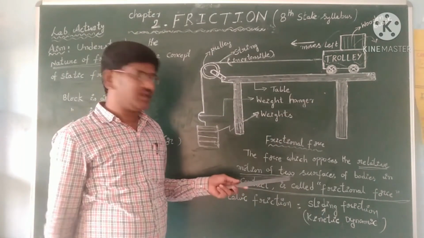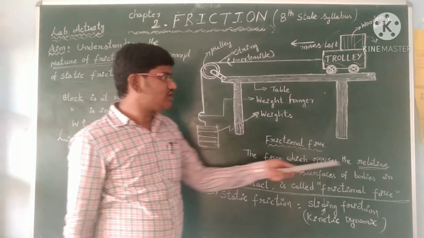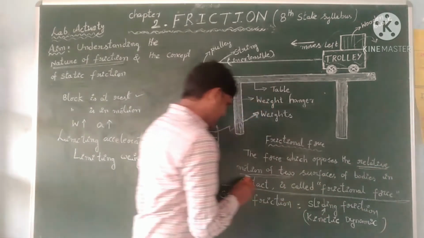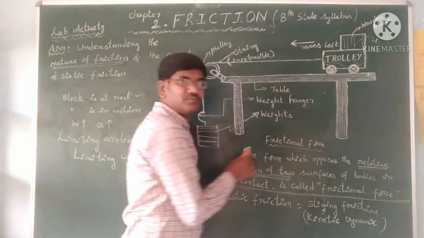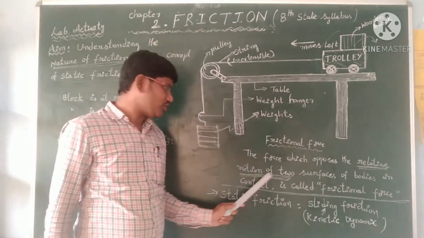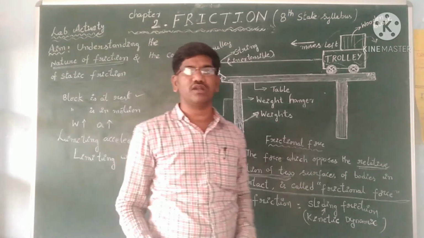So now we can see the definition of frictional force: the force which opposes the relative motion of two surfaces of bodies in contact is called frictional force.